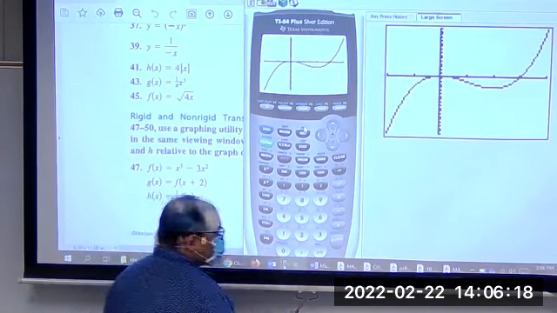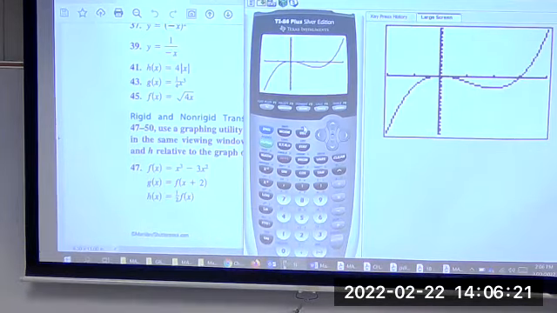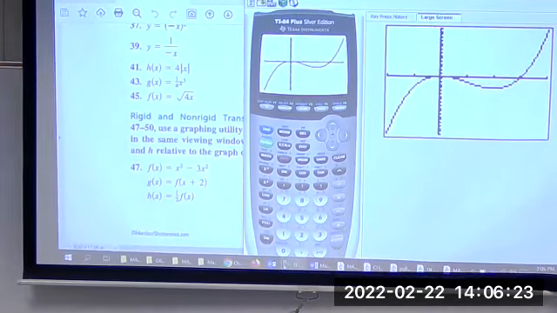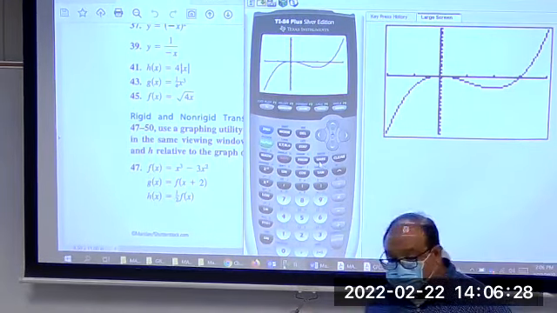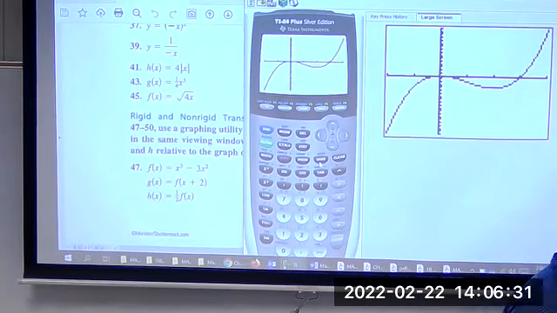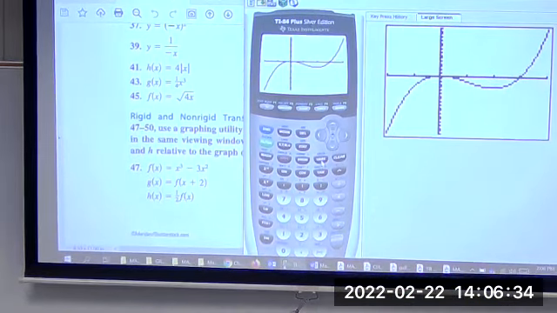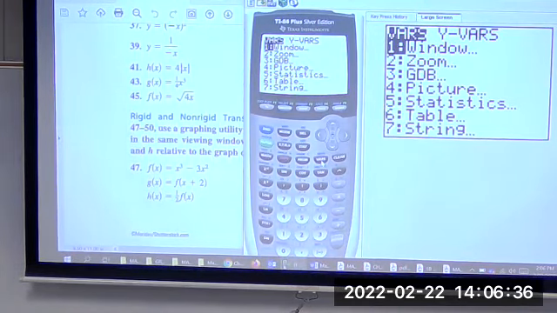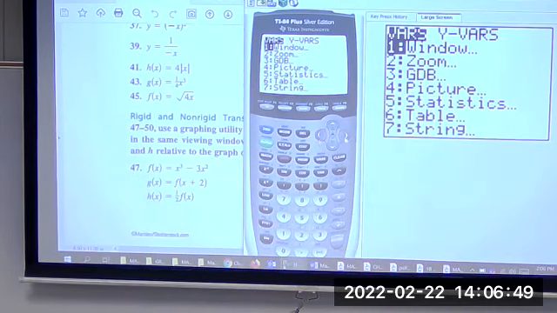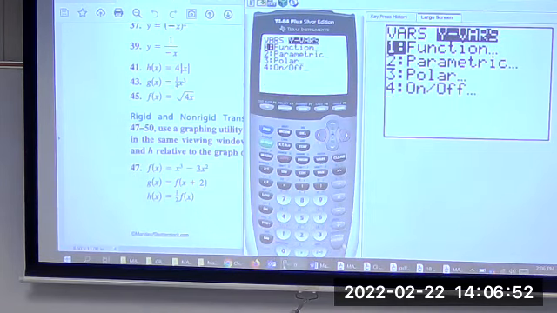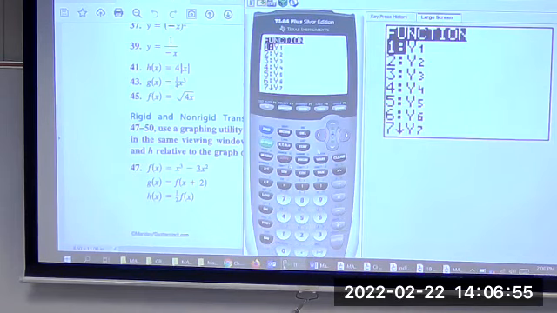But here's what you can do that is even nicer. If I go to VARS, right here next to clear, it says VARS. VARS stands for variables. I want Y-VARS, and then I click on function.